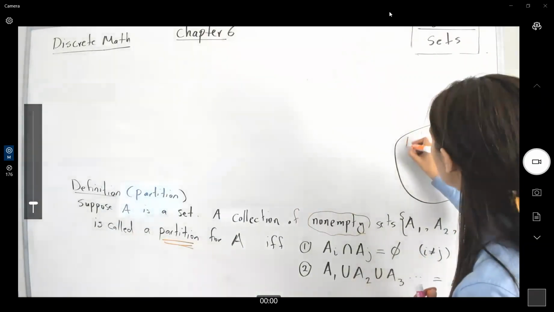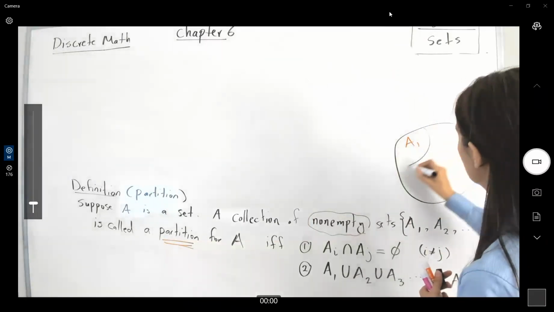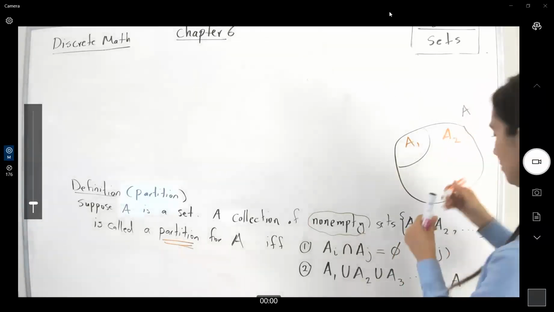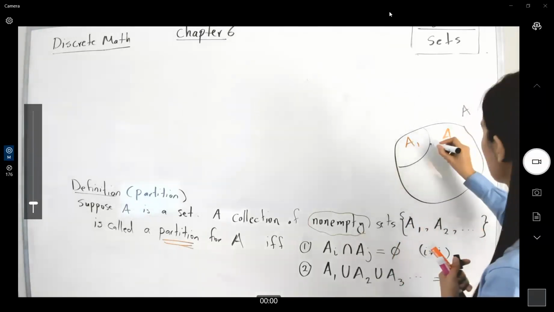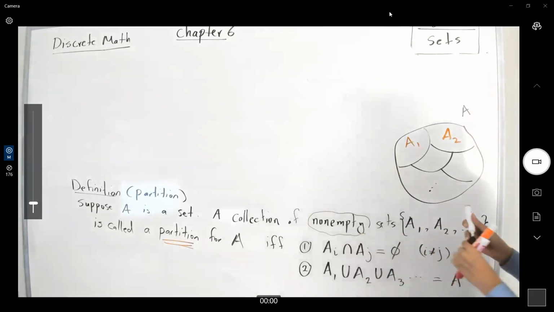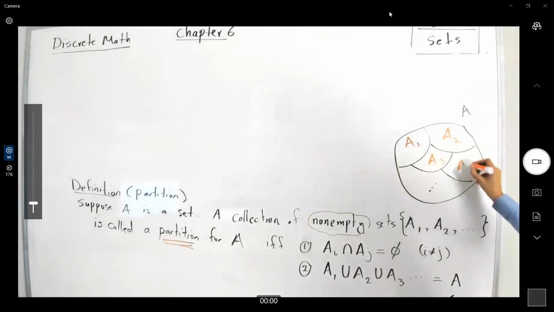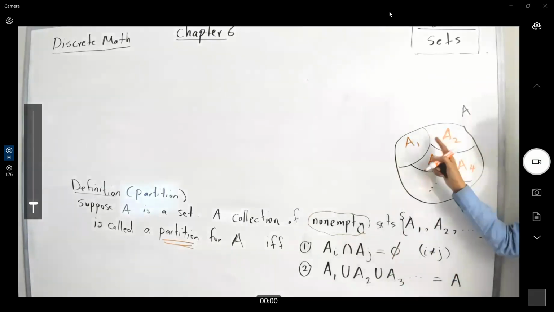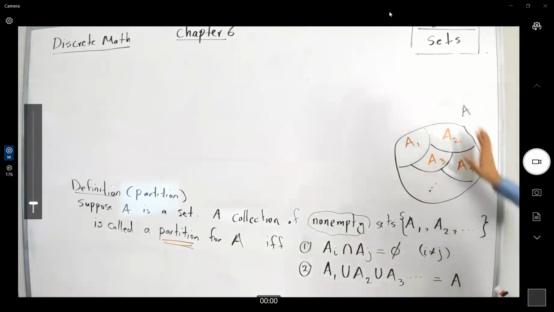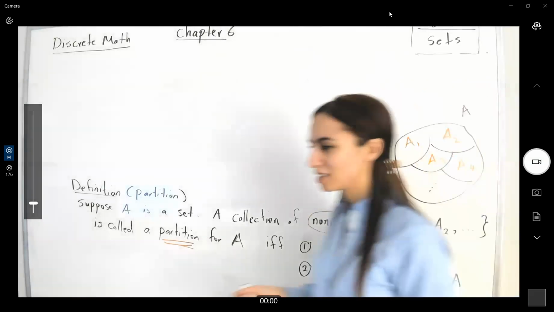So suppose this is set A1, set A2, set A3, A4, and the rest of them. There is no intersection between these sets, and their union is equal to set A.